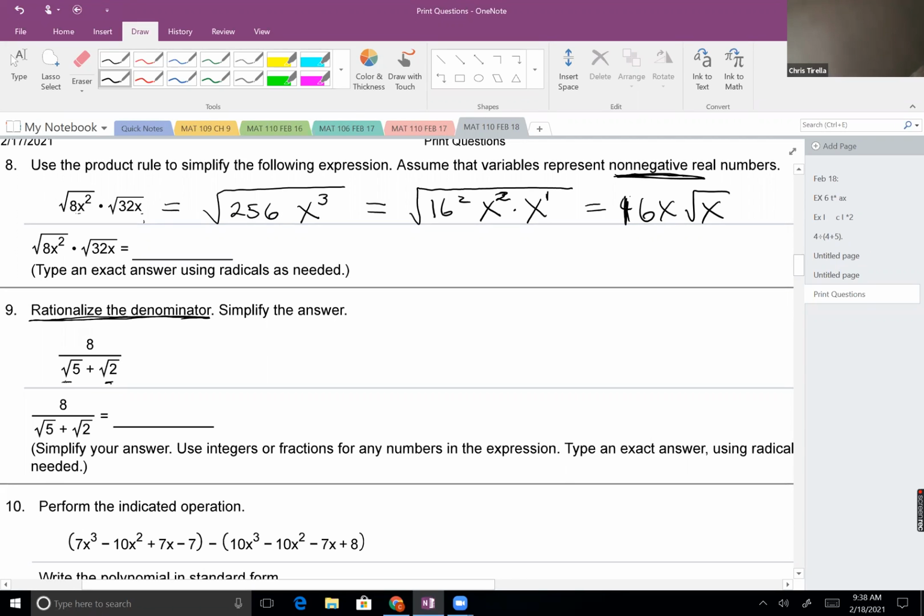And does everybody remember when there's two terms involving a radical in the denominator? Can anybody remember what we had to multiply by? Conjugate of the denominator. The conjugate of the denominator has those same terms, but the opposite operation.